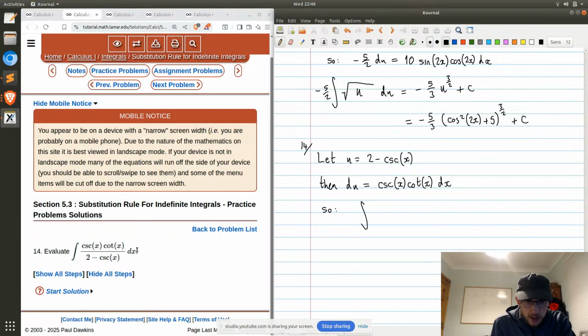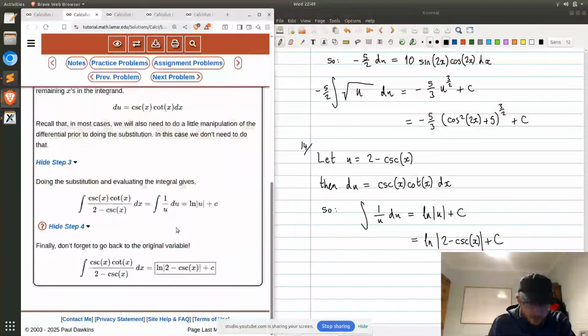That there is replaced with du. That there is replaced with u. The integral of 1 over u is ln. That's correct.